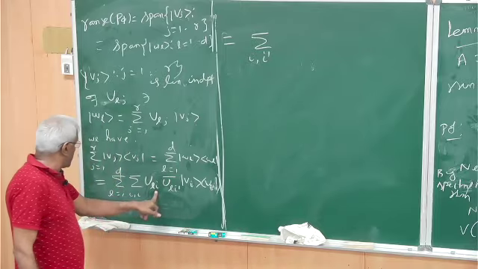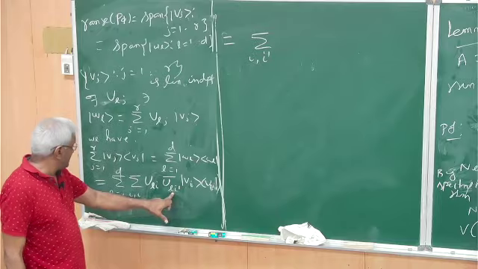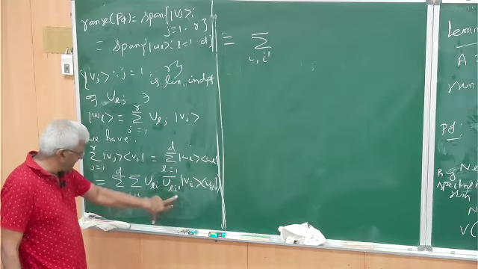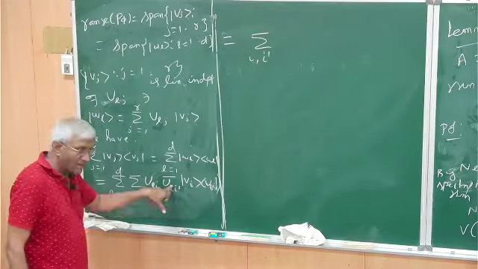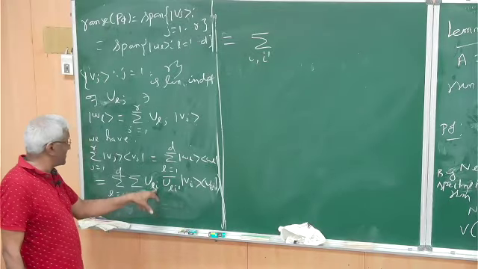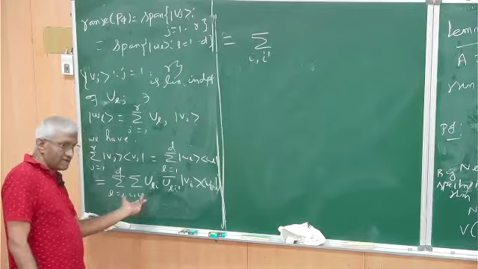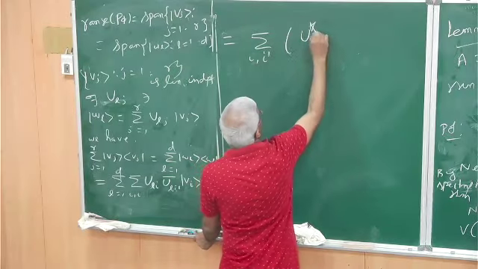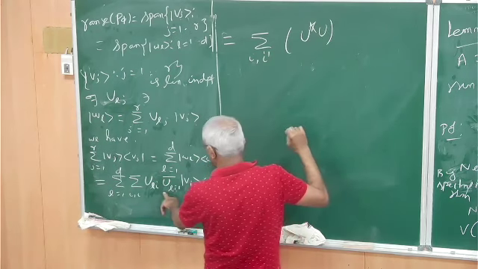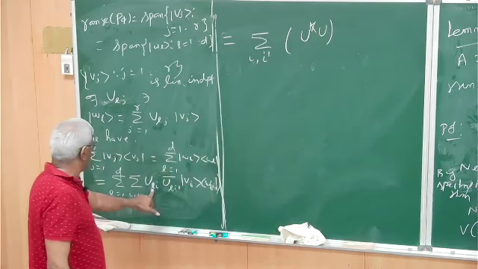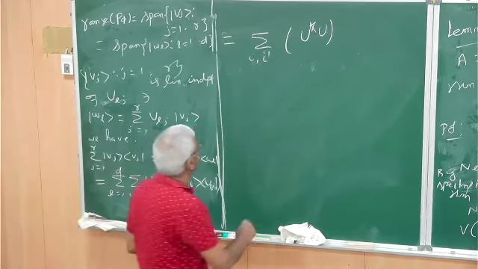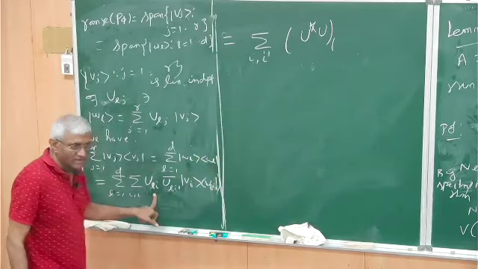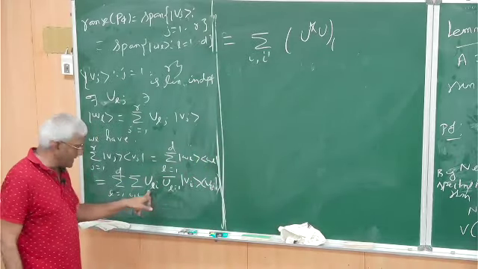If you sum over L, this is just the I L th entry of U star, and this is the L I th entry of U. So I bring it here, and this is the I prime I entry of the matrix U star U. I take the summation over L here.